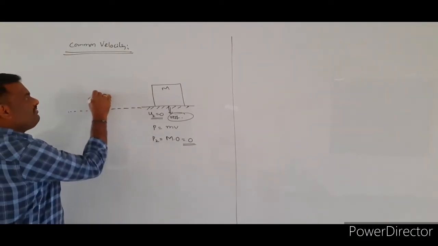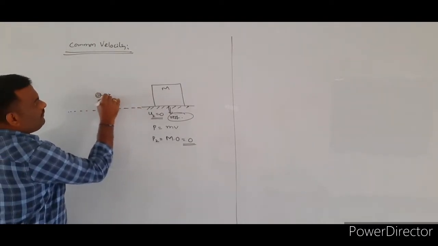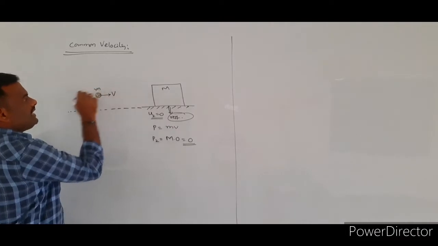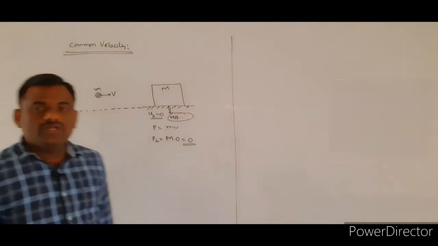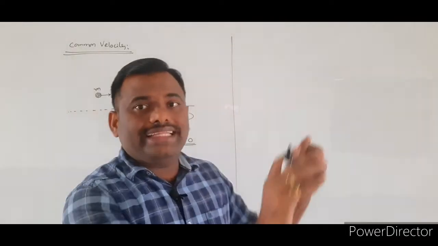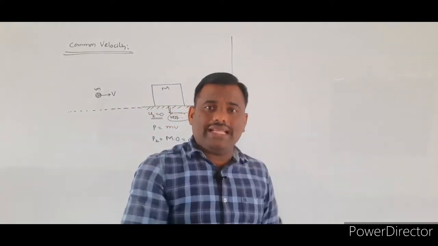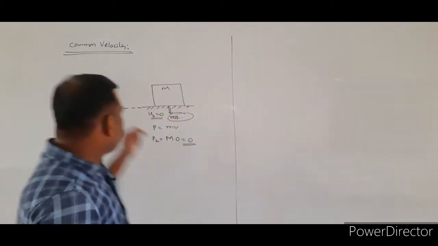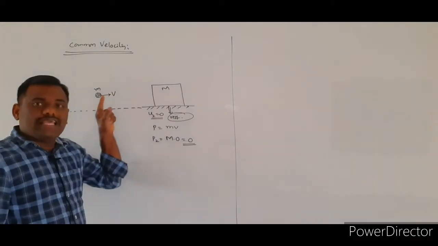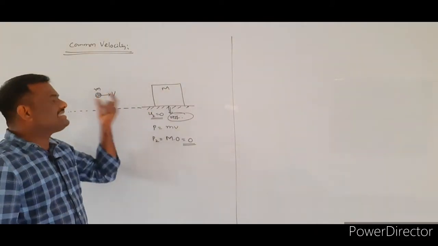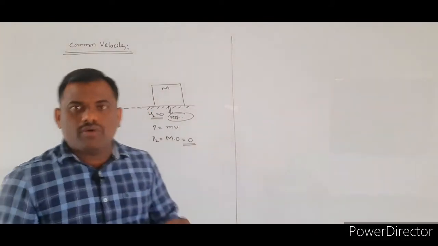Now, onto the wooden target, I fired a bullet which is traveling with a velocity of small v. So initially one target will be there, and the target mass is equal to capital M. Onto the target we fire a bullet whose mass is equal to small m and its velocity is equal to small v.